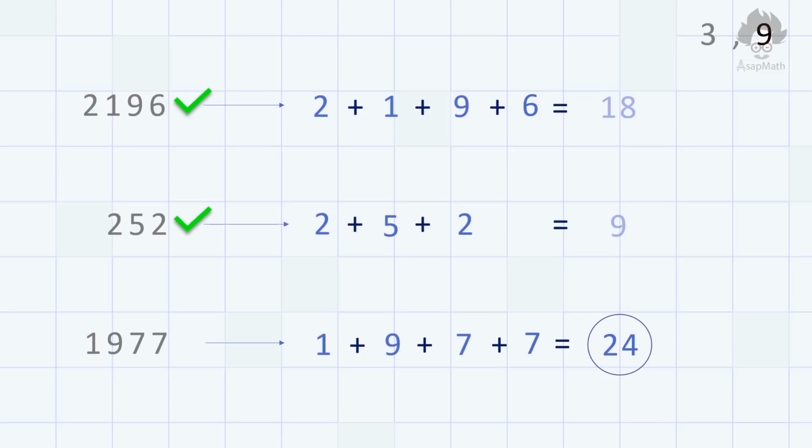The digit sum 24 is not divisible by 9. So the whole number is not divisible by 9.